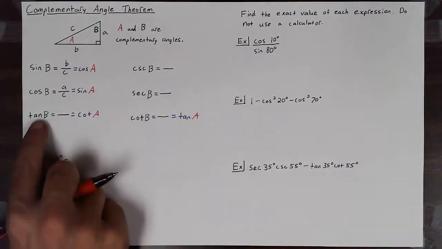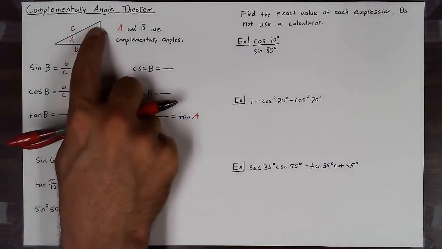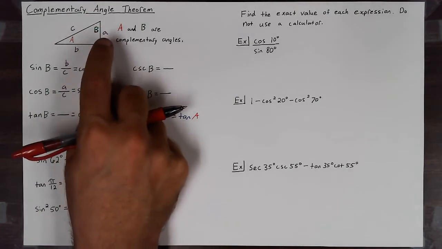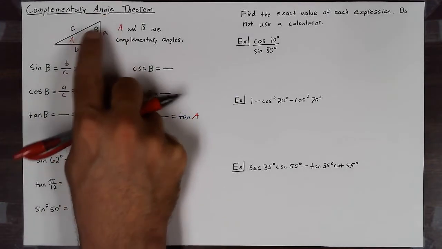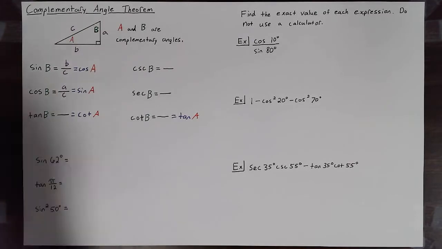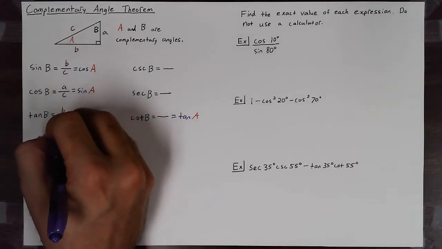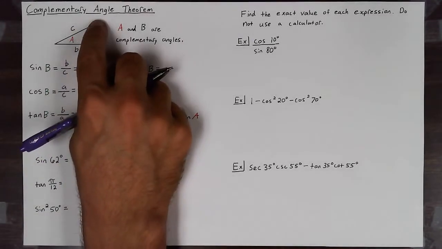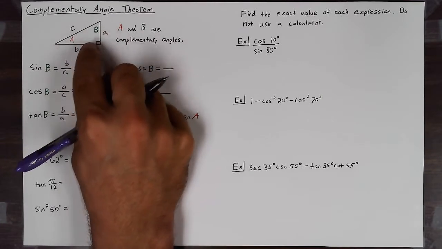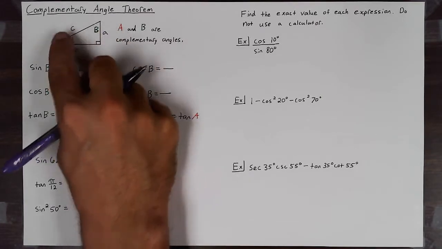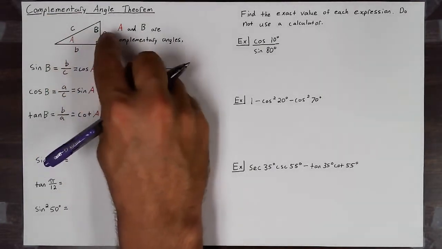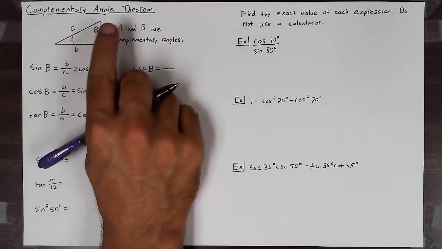And let's just test out this theory. So tangent of B would be opposite over adjacent, so B over A, and then cotangent of A would be adjacent over opposite, which would be B over A as well.